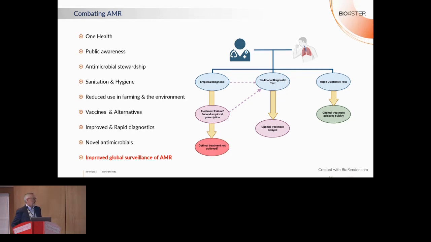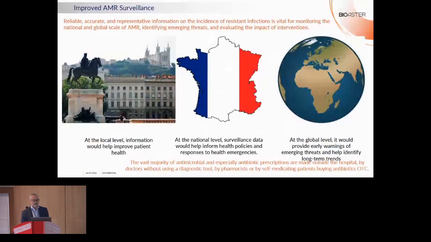For example, reliable and accurate and representative information on the incidence of resistant infections is vital for monitoring on the national and global scale and identifying emerging threats and evaluating the impact of interventions. At the local level, this information would help improve patient health. At the national level, surveillance data can inform health policies and responses to health emergencies. And at the global level, it provides early warnings of emerging threats and helps identify long-term trends.